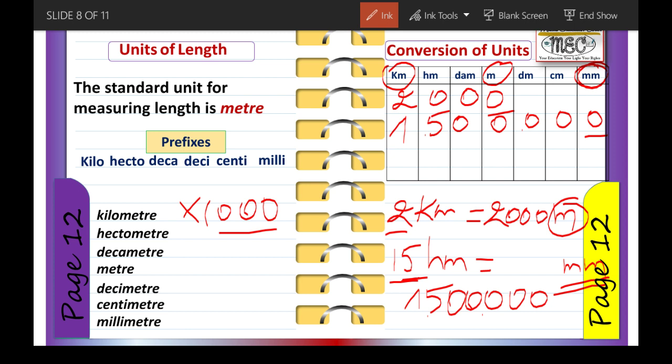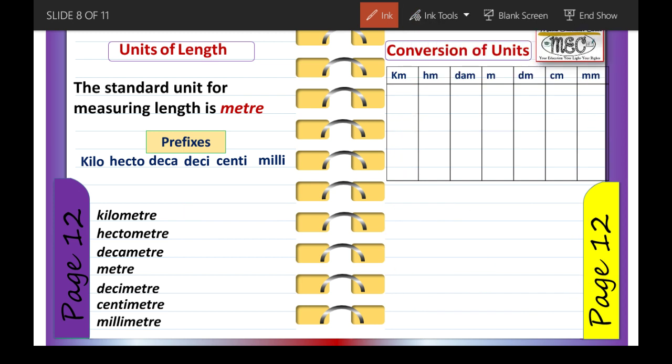Now, what do we do when you are converting from smaller unit to the larger unit? For example, you are given 5 millimeters and they want you to convert it into meters. The given units are millimeters. You fill in with the 5 and then you fill in with the zeros because you don't have other digits that you can fill. You fill in with the zeros until you get to the asked unit.